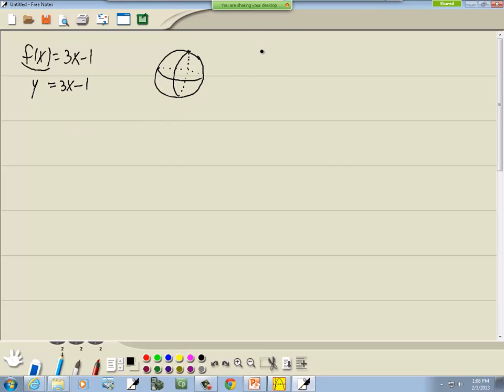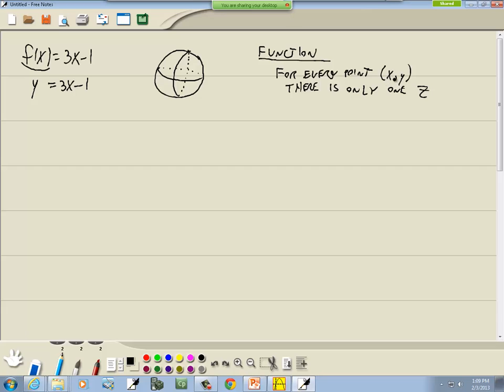So we're going to have a different definition here. I'm going to put this in terms of x's and y's, but you can even have more than that. For every point x, y, there is only one z.